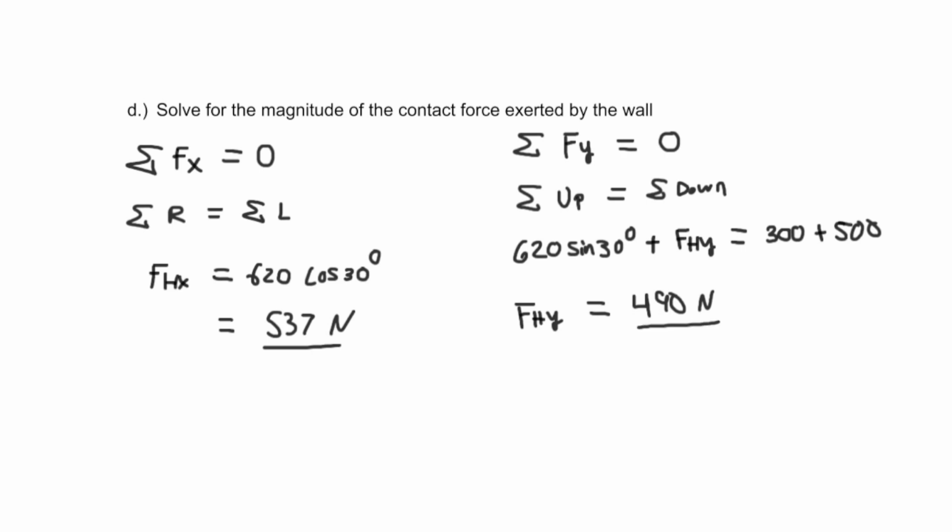So my force is actually up and to the right, as I originally guessed. So again, our answer is just going to be 800 minus that 620 divided by 2, which is 310, 490.